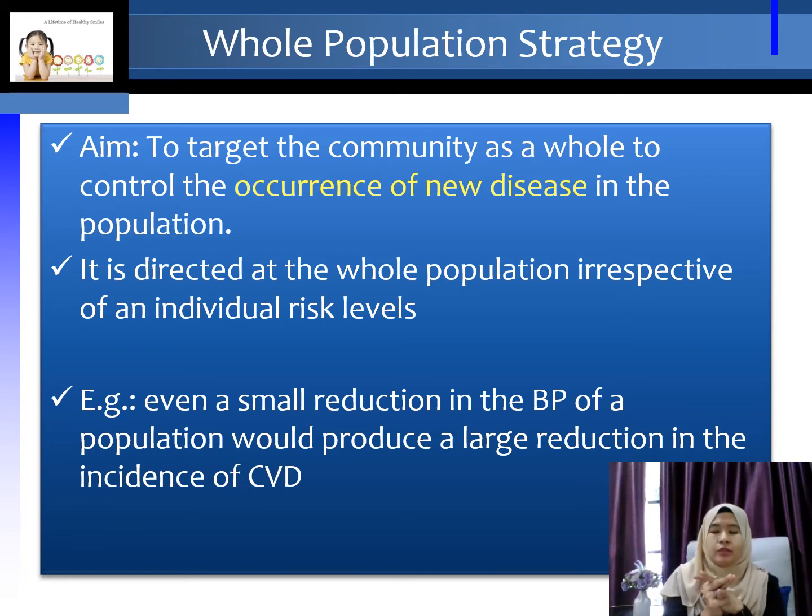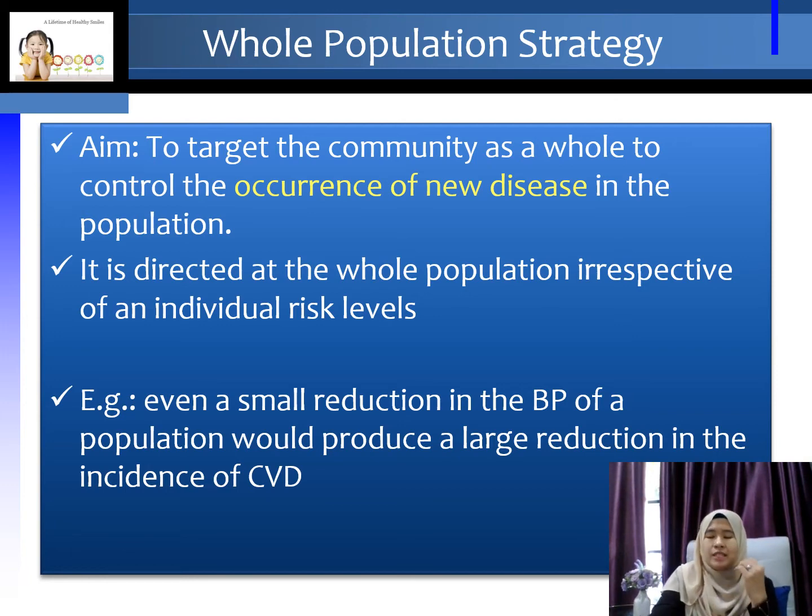It is directed at the whole population, irrespective of individual risk level. As we know, for example with dental caries, there are low risk, moderate risk, and high risk groups. But for whole population strategies, we capture the whole population. We do not leave anyone behind.